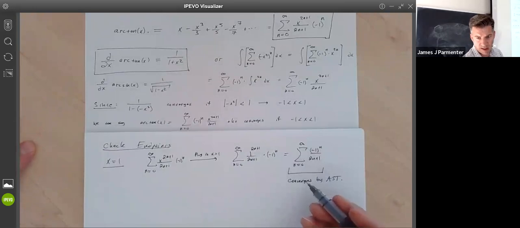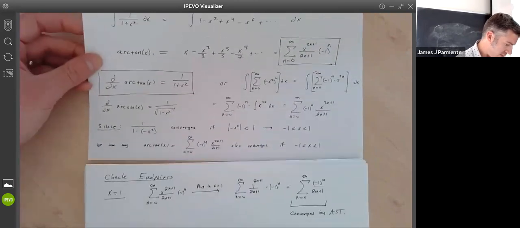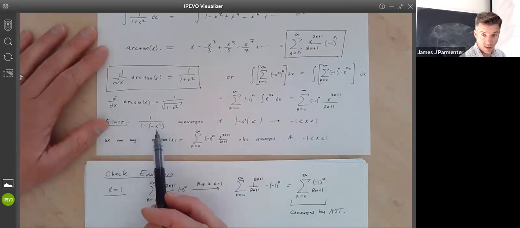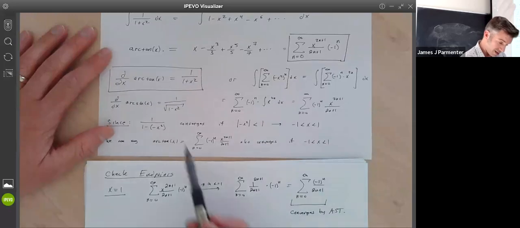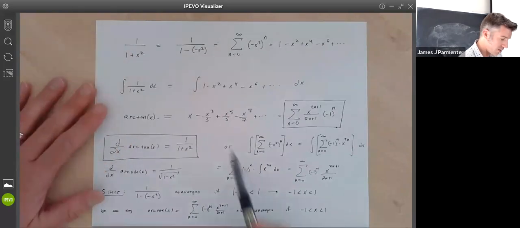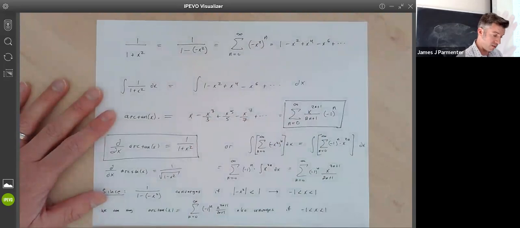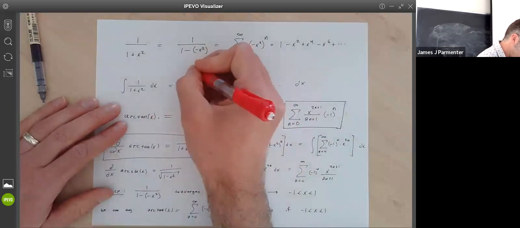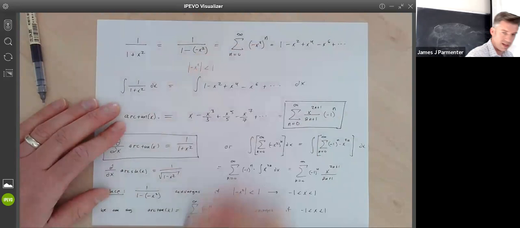How did I get absolute value of x squared less than 1 again? Since we're talking about 1 over 1 minus our ratio being convergent, we know that a geometric series is convergent if and only if the ratio is between -1 and 1. So what we're saying here is we need this ratio, which is -x², to be less than 1 in absolute value.